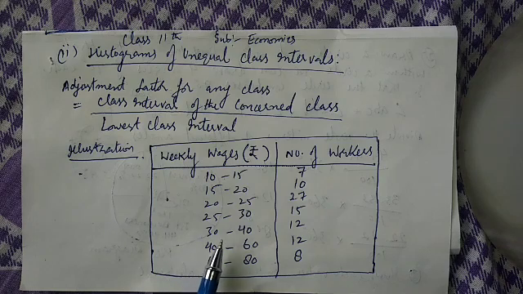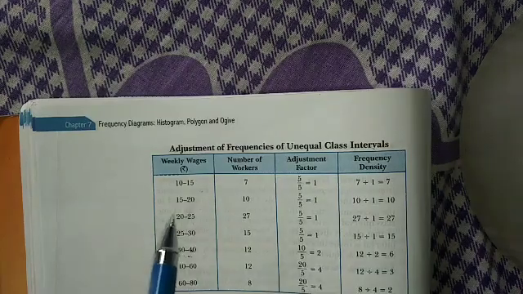Here, from 30 to 40 it's 10, from 40 to 60 it's 20, and 60 to 80 it's 20. Before drawing the graph, frequency density should be calculated. It can be done by dividing the frequencies by the adjustment factor. Now this table is adjusted.